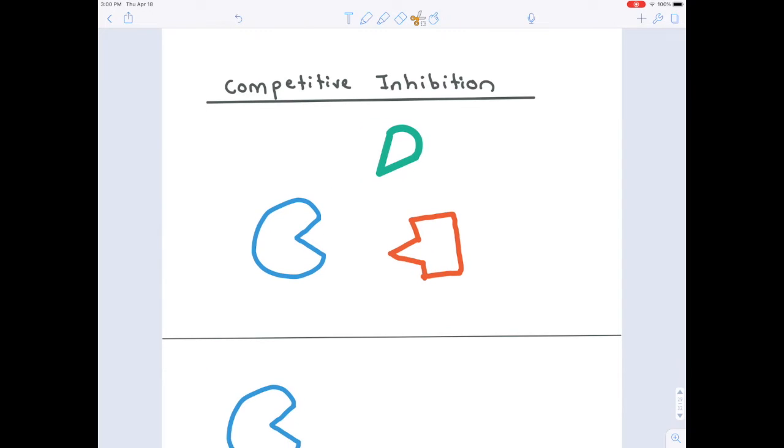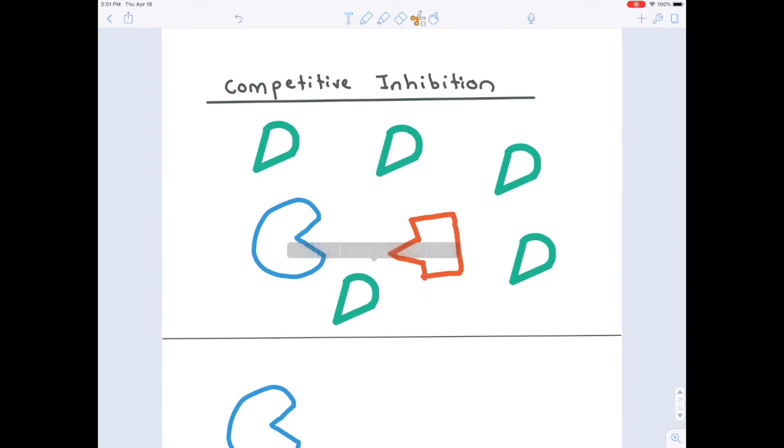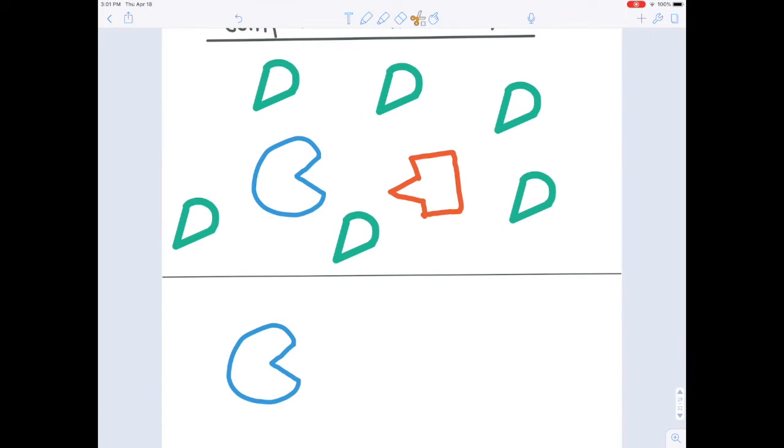Now notice, if you add more, it's completely a matter of which one gets there first. If you add more substrate, then the likelihood that the substrate gets there first is much higher. And so when you add more substrate with a competitive inhibitor, the inhibitor tends to not work as well.